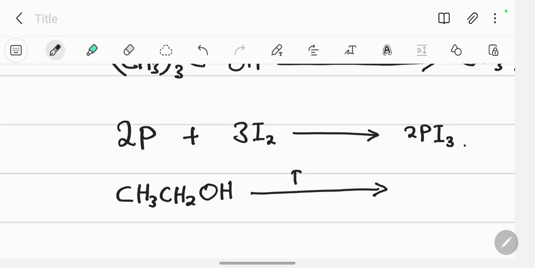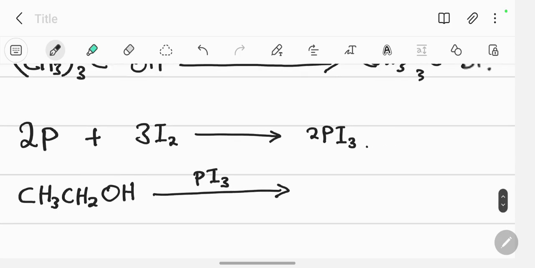So put there your potassium iodide or phosphorus 3 iodide. When you use your phosphorus 3 iodide, it's going to give you CH3, CH2, and the iodine there.